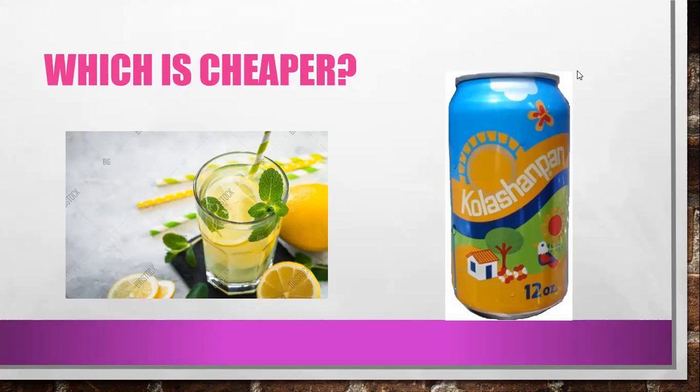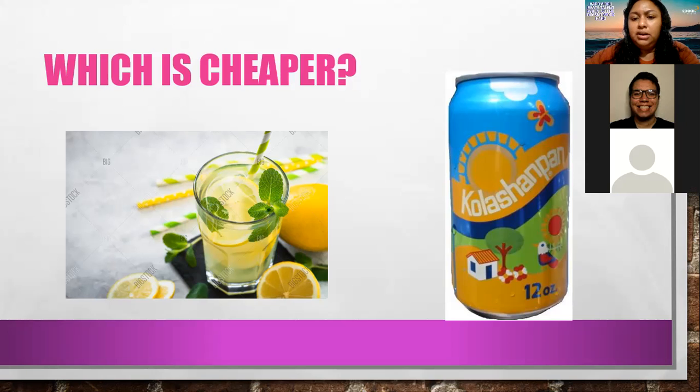Okay, yeah. And what's the cheapest? Its cost in supermarkets, like 35 cents. Exactly. I remember one time I saw this can of soda was like 25 cents. And I was like, what? Yeah, that's really cheap.